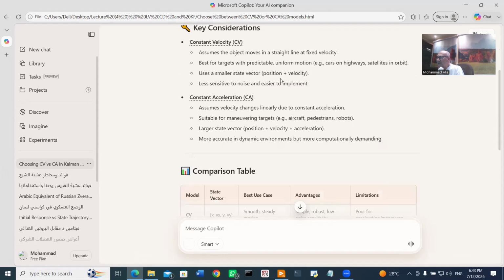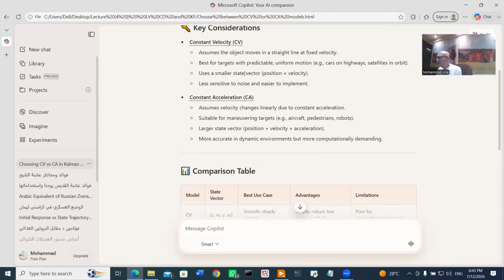In other words, the most characteristic thing for the constant velocity Kalman filter is that it assumes the object moves in a straight line, like a car moving on a highway, for example. The model here is very adequate. It is best for targets with predictable uniform motion, like a car on a highway or a satellite in an orbit, for example.